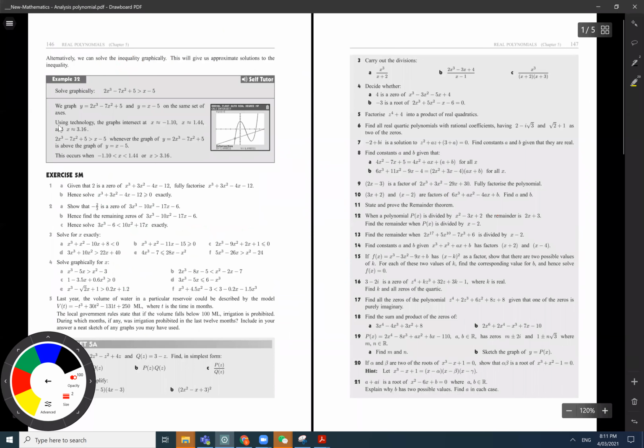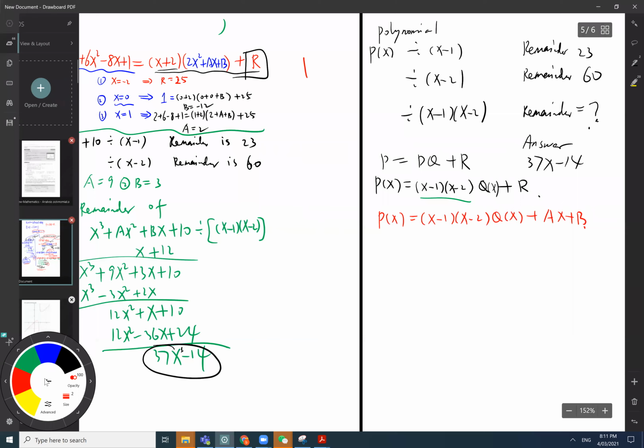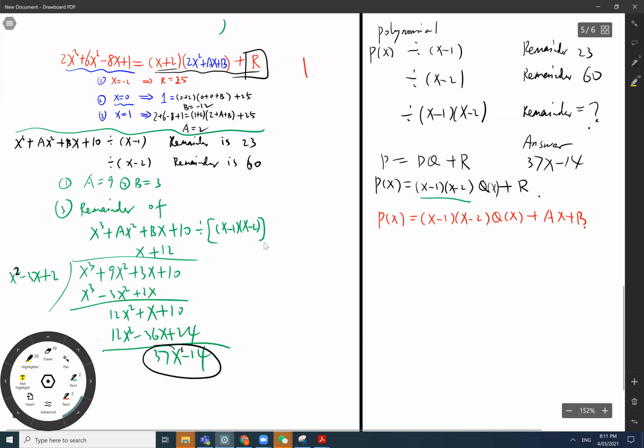Move. Yeah, we're back to this question later on because for remainder theorem, this is the hard one.